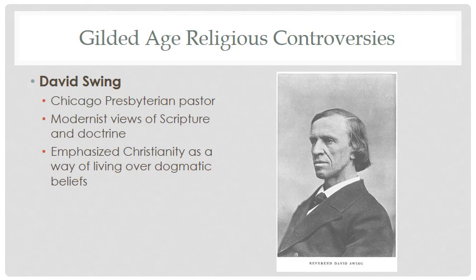David Swing had certain ideas about Scripture: that maybe it wasn't fully God's word, maybe it was people's words about God, and that it could point us in the right direction, but we don't have to look at it as authoritative and read it as the church has traditionally done. He also emphasized that Christianity was a way of life, a way of living. So there's that ethical aspect influencing his thinking. He was brought up on charges of heresy and tried in the Presbyterian denomination in Chicago.